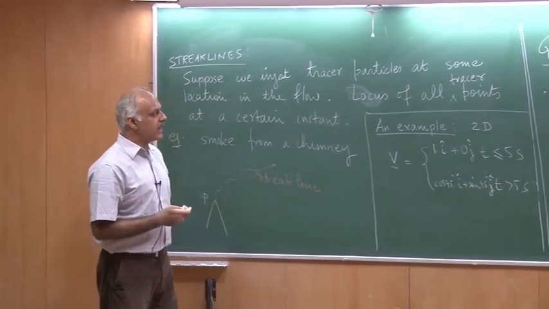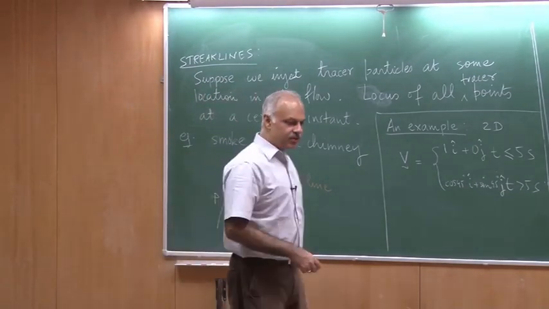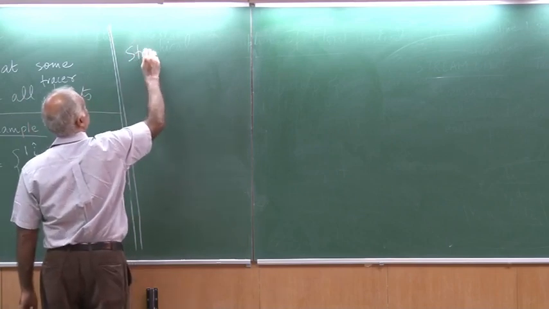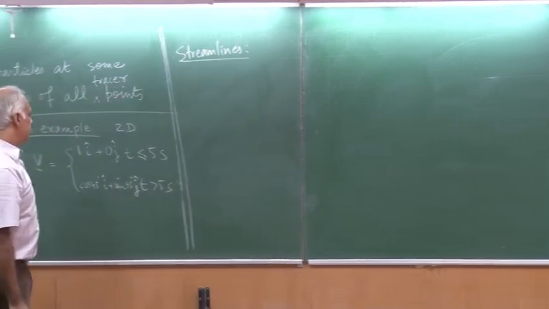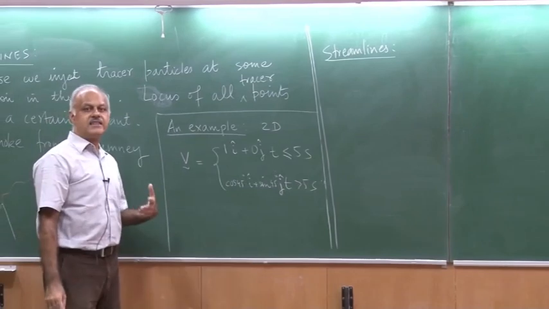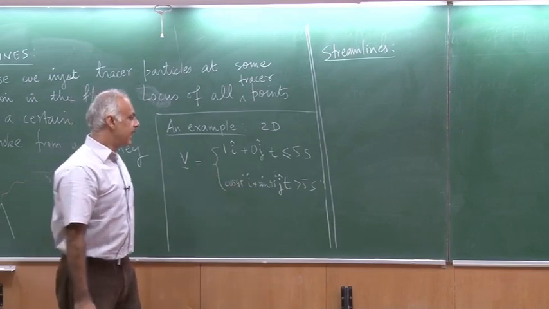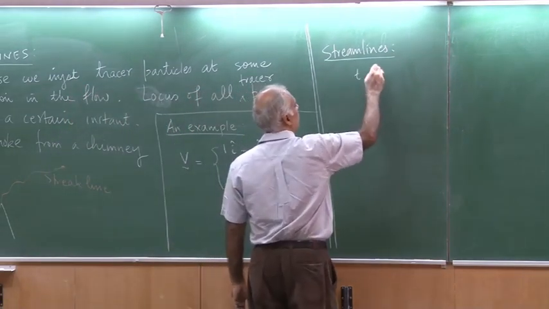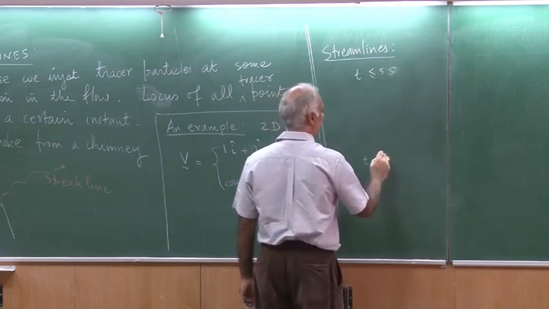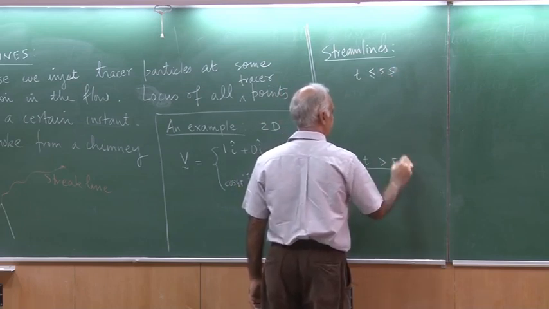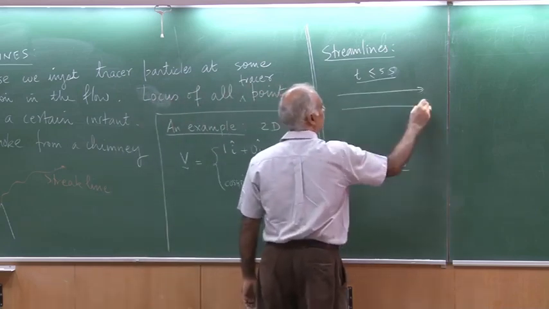And I would now like to see what happens to the path lines, what happens to the streamlines, and what happens to the streak lines. So let me draw them for you. Show you the streamlines. As you know, streamlines are instantaneous lines. Okay, so I would have to now consider t less than 5 seconds and t greater than 5 seconds. So let me do that. So this is t less than or equal to 5 seconds, and here I am going to plot t greater than 5 seconds. So these streamlines are simply these lines over here.